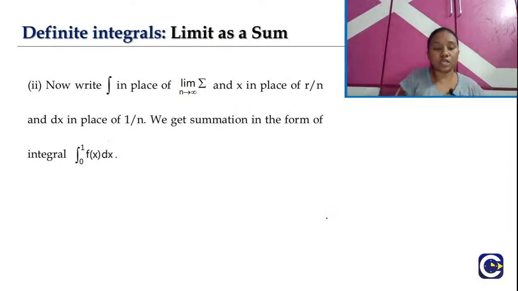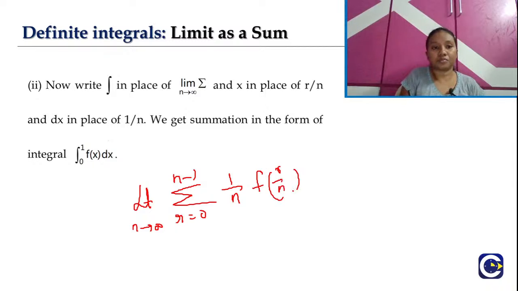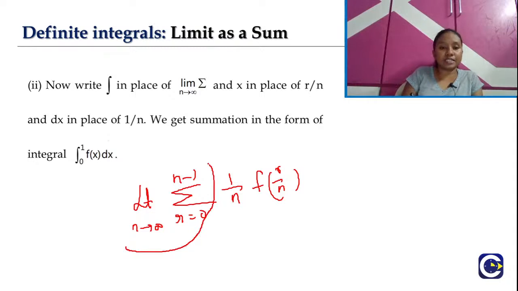Right. So now what is the infinite series we are having? Limit n tends to infinity, r equal to 0 to n minus 1 and 1 by n f of r by n. Right. So in place of this limit tends to infinity and this sigma, we are going to replace with integral.